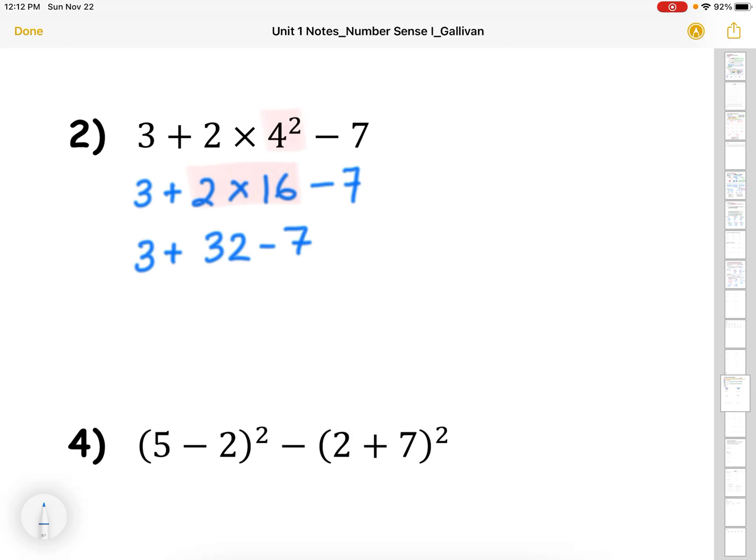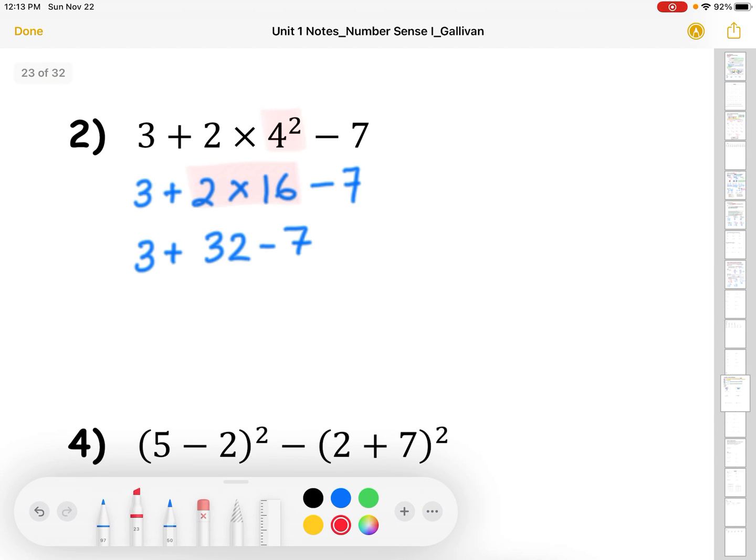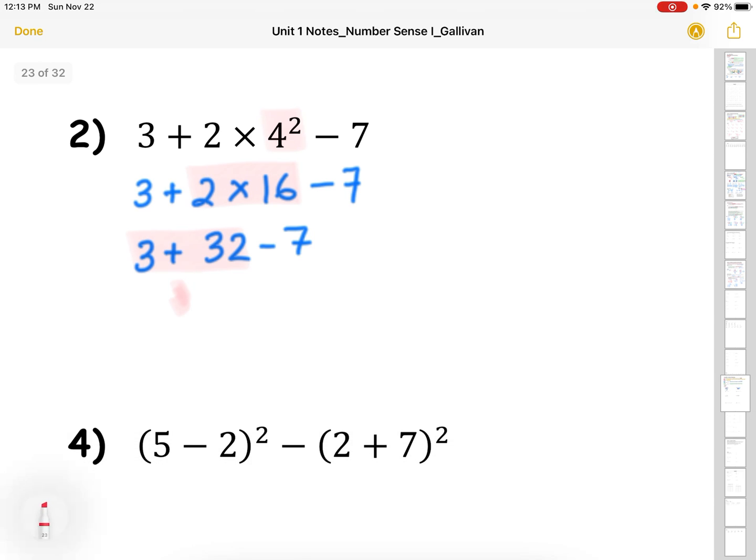Okay, now I can add and subtract from left to right. So 3 plus 32, I can do that next. It's 35. 35 minus 7 equals 28.